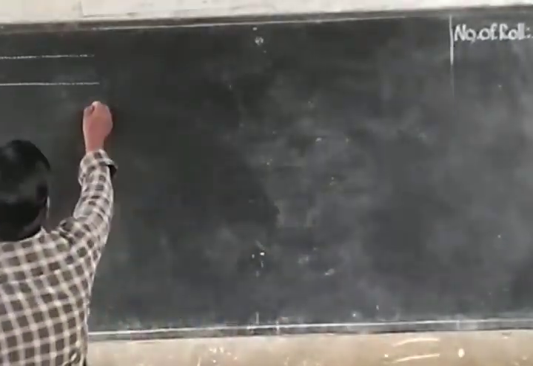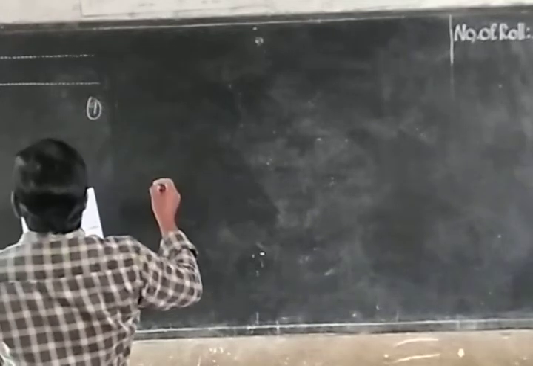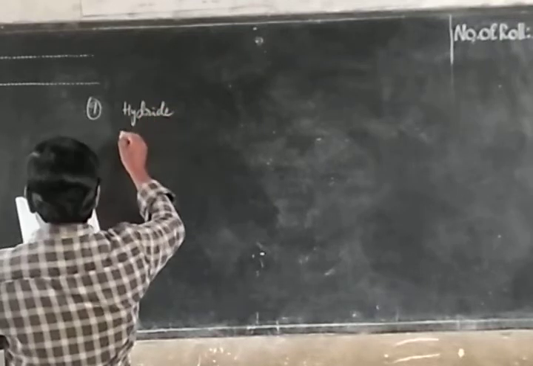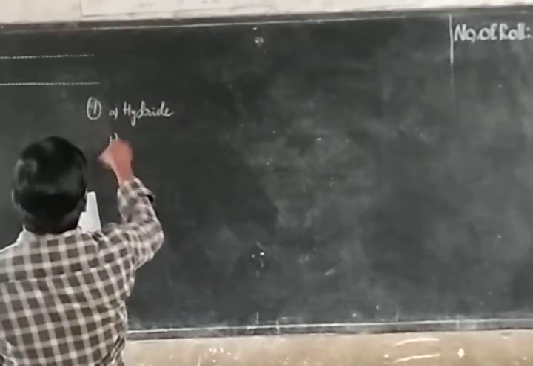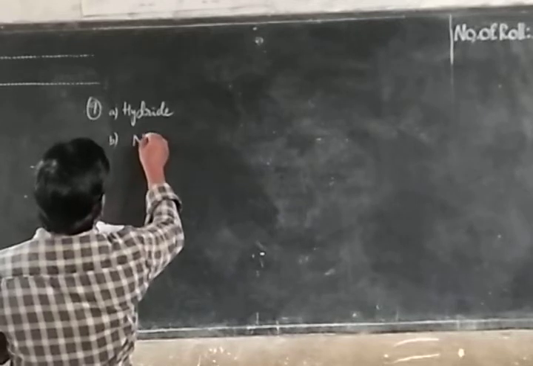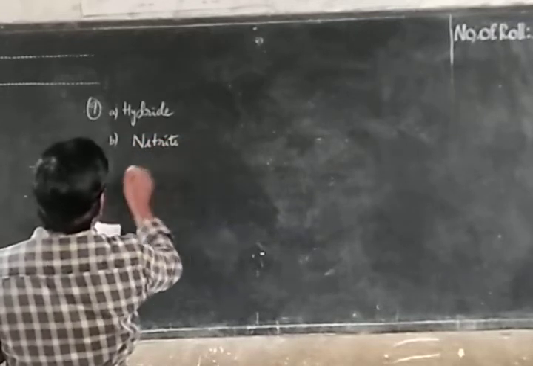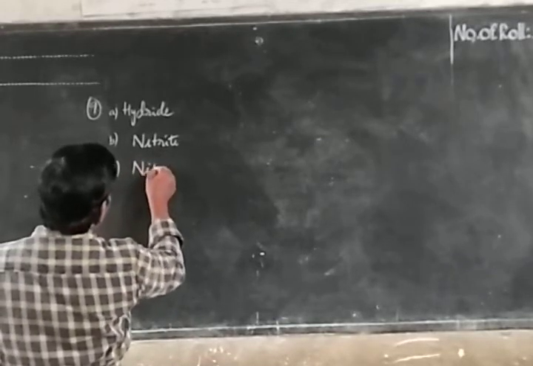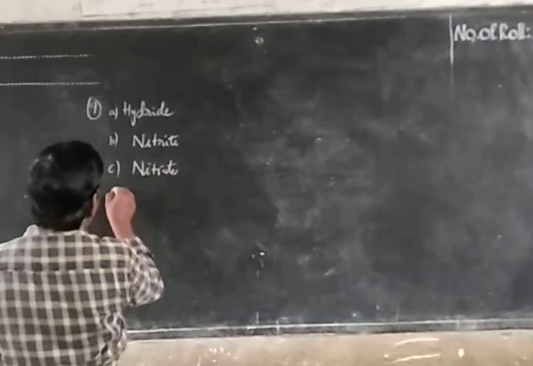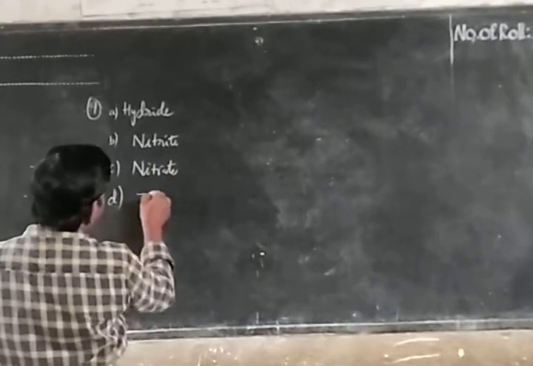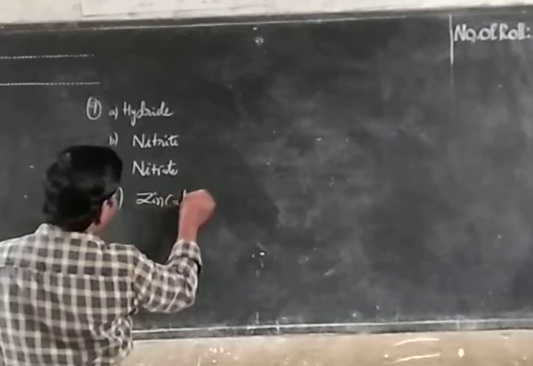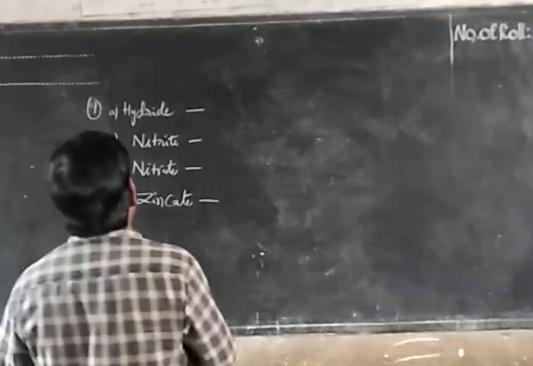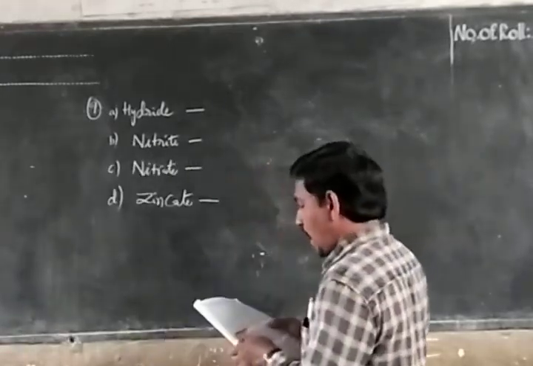In ninth one: A hydride, B nitrite, C nitrate, D zincate. What are the formulas of hydride, nitrite, nitrate, zincate?